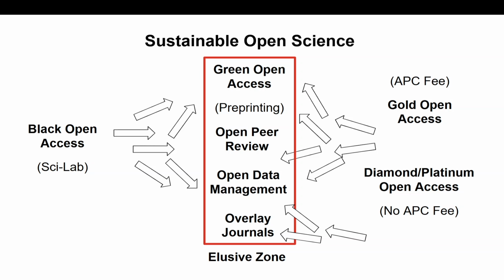Each of these types of open access are colored. Black just means it's kind of related to under the table or piracy or something. One of the examples is Scilab, where my position on piracy is it's justified given the incentive structure in science.